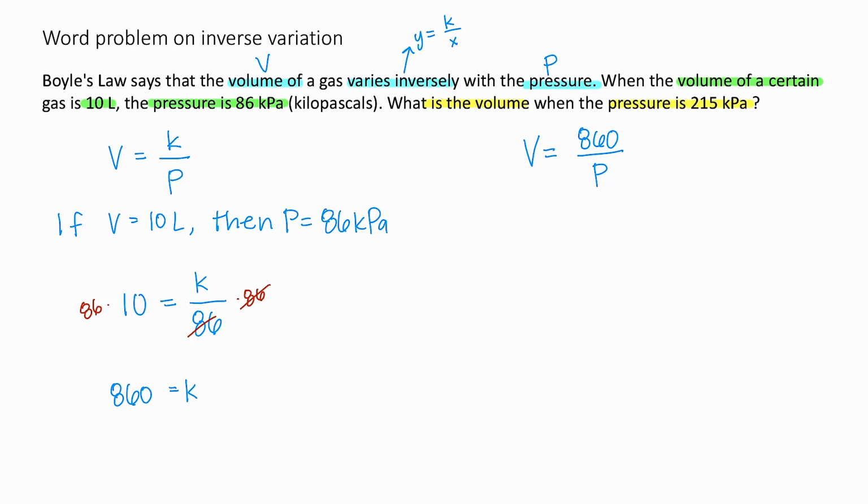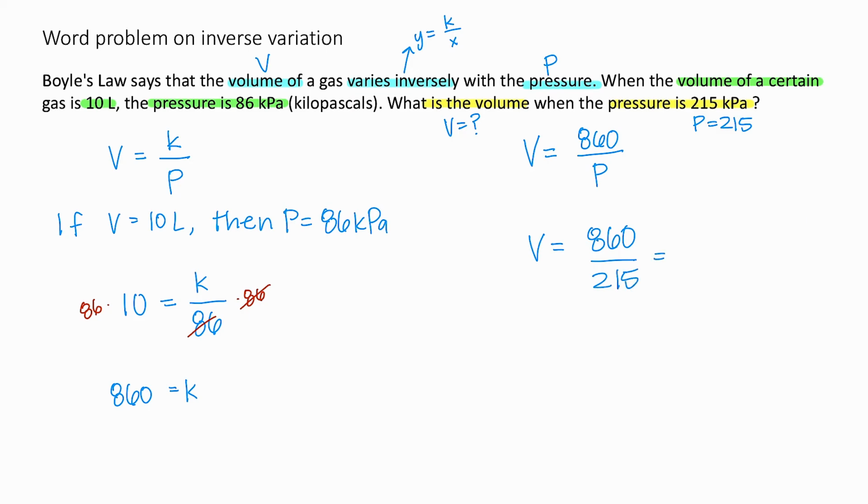Okay, so that says V equals the question mark here. I don't know V, but I know that pressure is 215. So I'll plug these in. Well, V I don't know, so I'm going to leave it as a V, but I'll trade my P for 215. V equals 860 over 215.